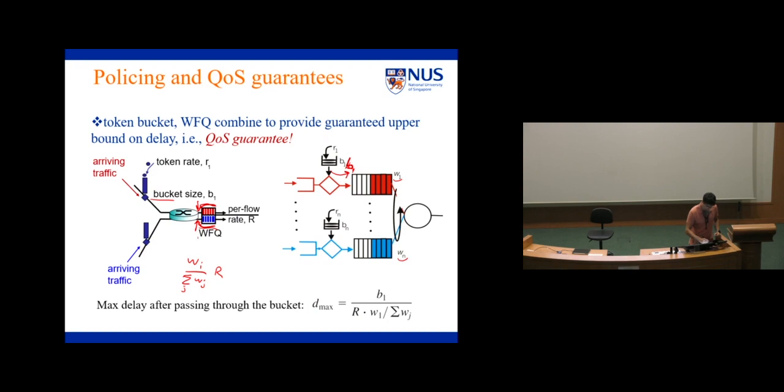So if I divide B1 by this rate, this gives me the time, or the maximum possible delay a packet will experience in the queue, which after some manipulation is equivalent to this.